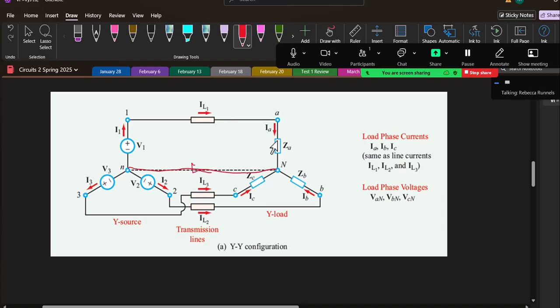All grounds should be connected. If I had a wire right here, that would have some impedance. What is IN in a balanced Y? 0. It should be 0.